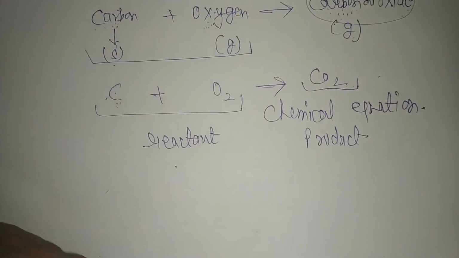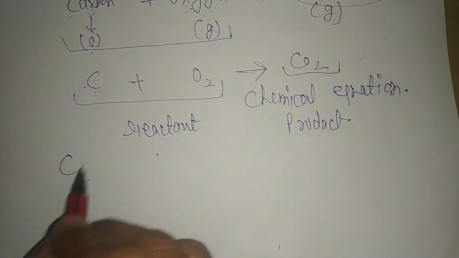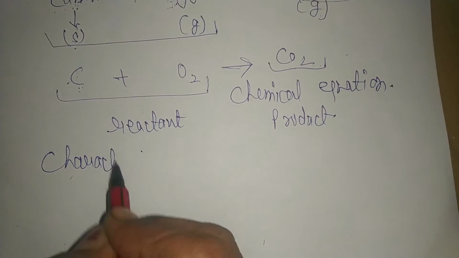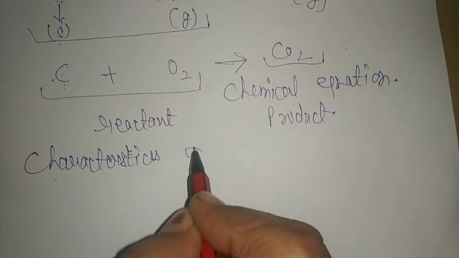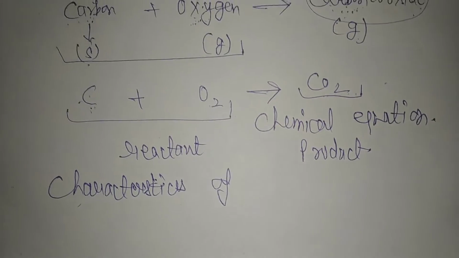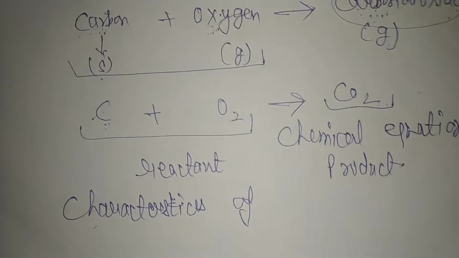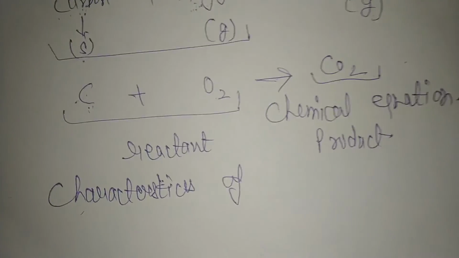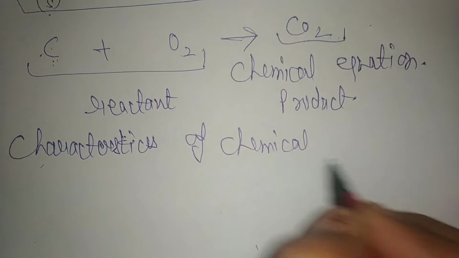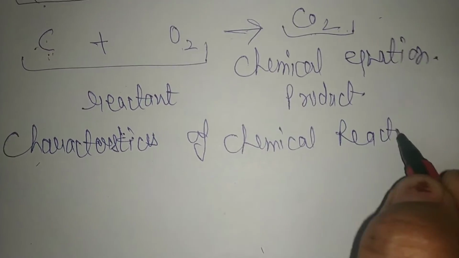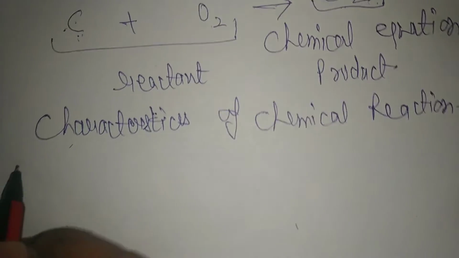So now I am going to tell you the characteristics of a chemical reaction. There are 5 characteristics.